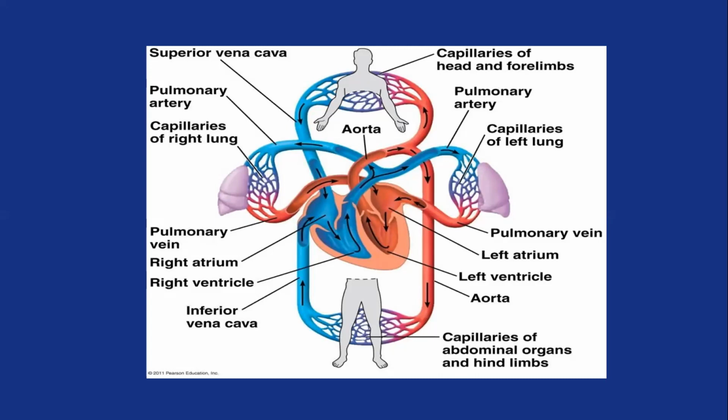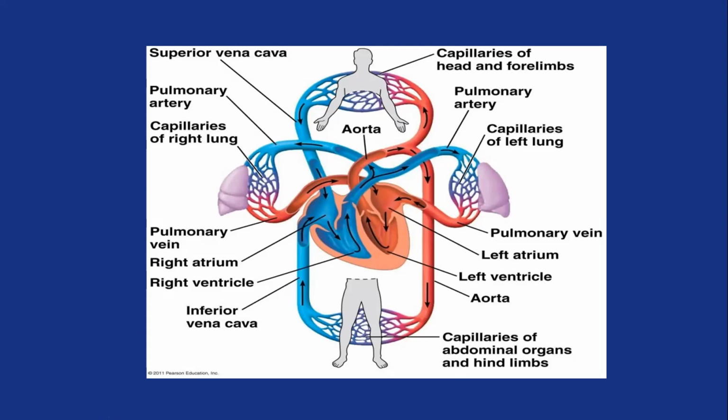You can see in the picture, from the upper part of the body, the deoxygenated blood is collected by the superior vena cava, and from the lower part of the body, by the inferior vena cava.